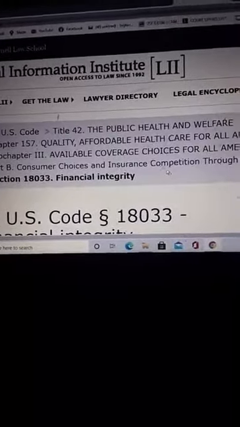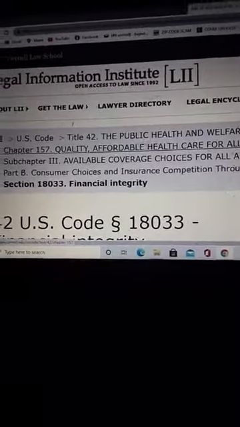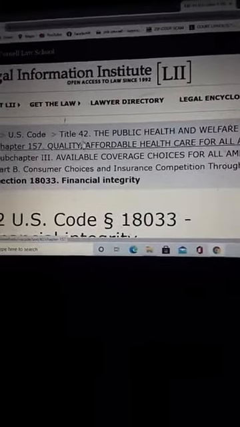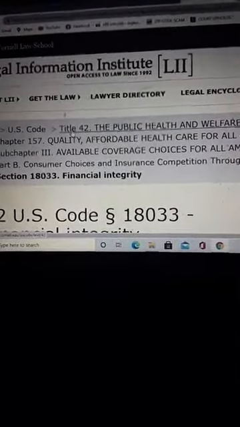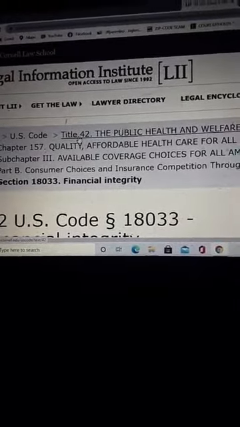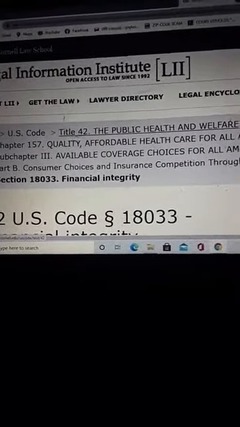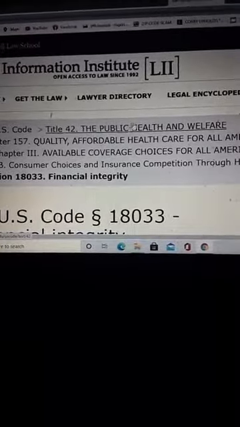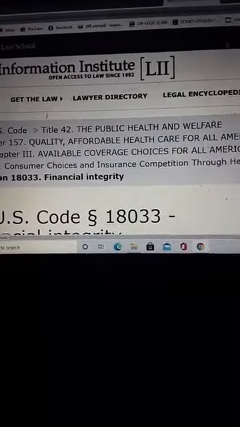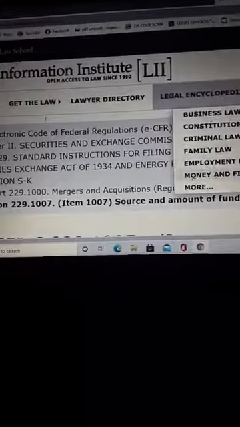Now remember, not once do they mention Social Security in here, but we have to remember Title 42 is the Social Security Act. That is the Social Security title. So that means we're dealing in securities, folks.